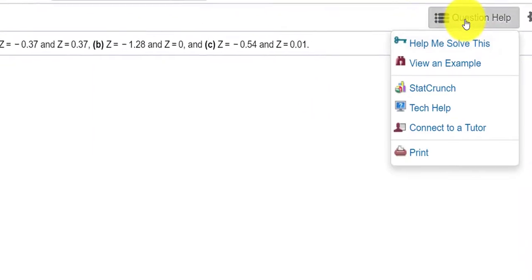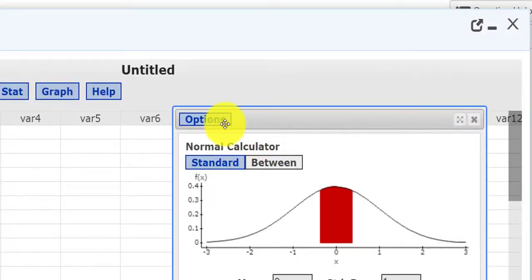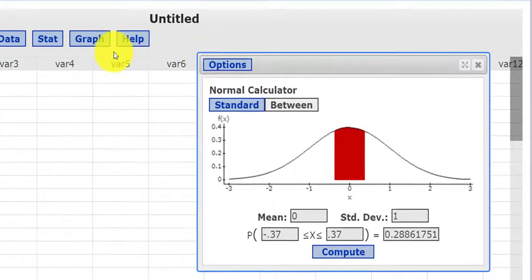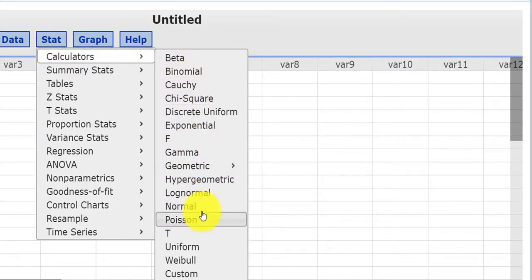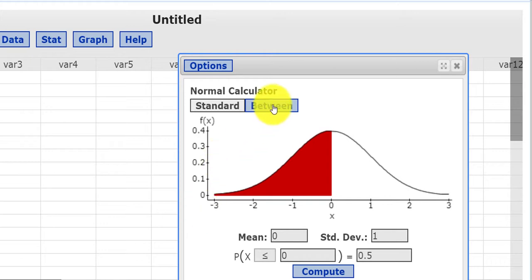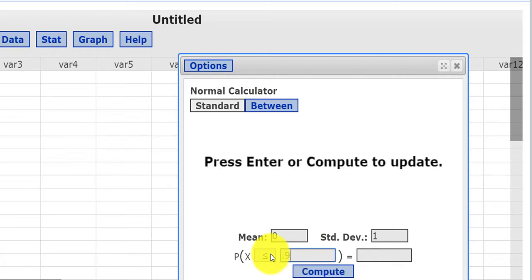So again, I can press StatCrunch. I'll redo this. I'll click Stat, Calculators, Normal, and Between. If I just wanted the area, like say, to the left of, I don't know, 0.9, I would just do this: standard, give me the probability that is less than 0.9.